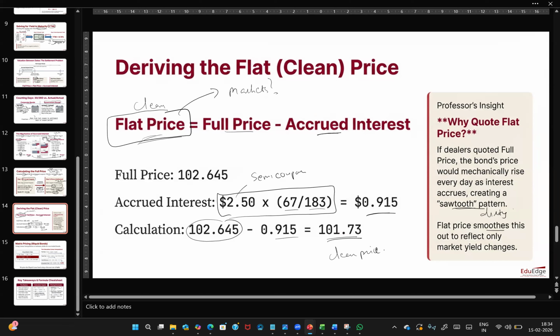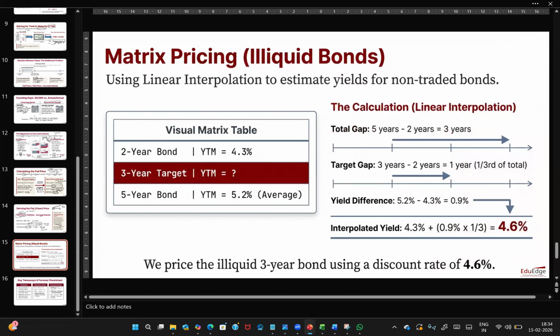When you quote dirty prices, it also includes accrued interest, and that will create a sawtooth pattern, which means that initially the accrued interest is low, but as soon as you hold the bond for more number of days in the coupon period, your accrued interest will rise, and hence this sawtooth impact. So this is the dirty price evolution, but to smoothen the prices, the market actually uses clean prices. So that is what this means.